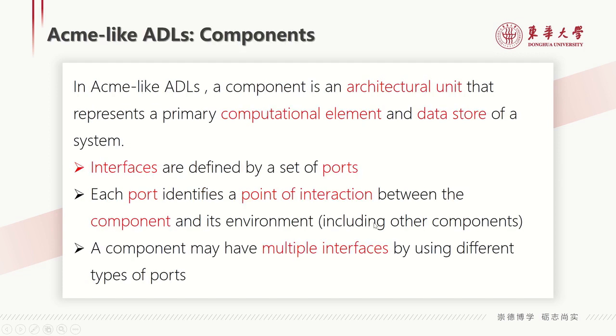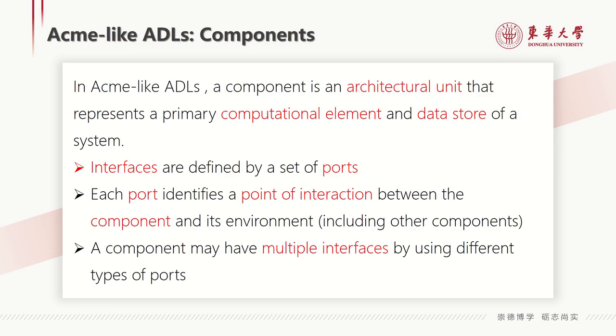In Acme-like ADLs, a component is an architectural unit that represents a primary computation element and a data store of a system. Yes, the component is an architectural unit because it is an ADL, an architecture description language. So it has not only a computation element, but also a data store in the system.